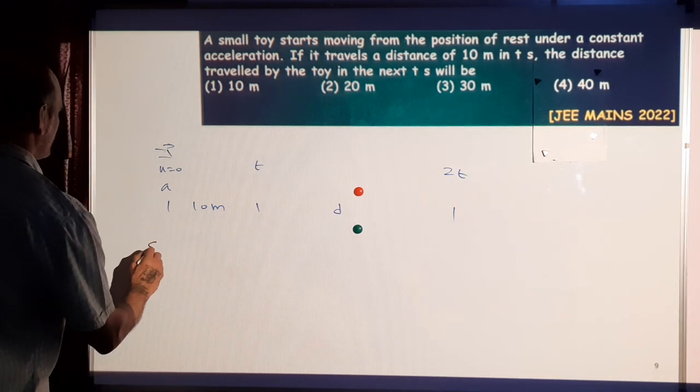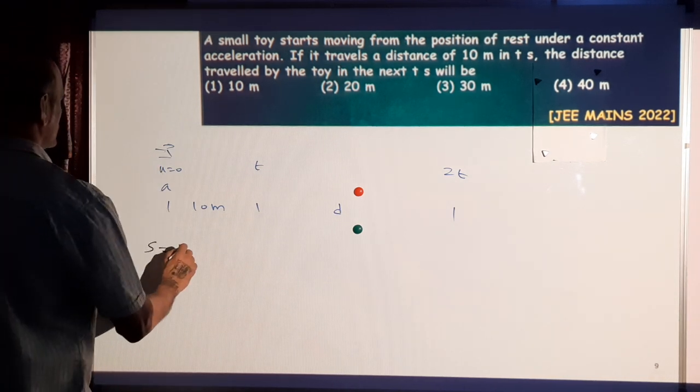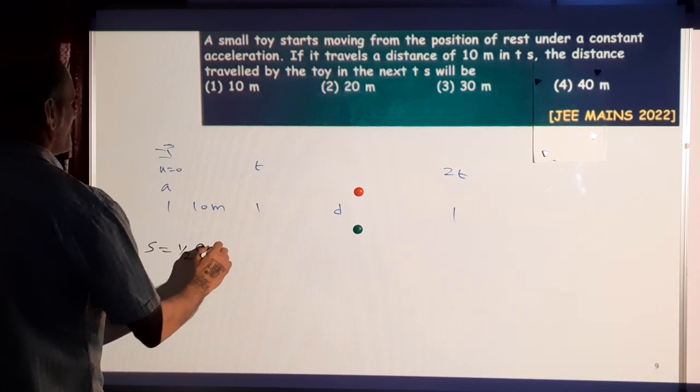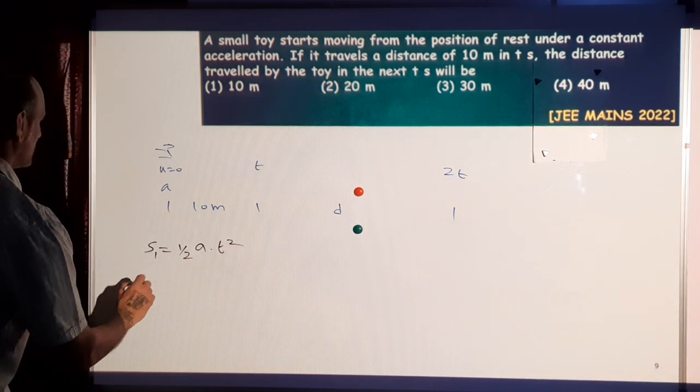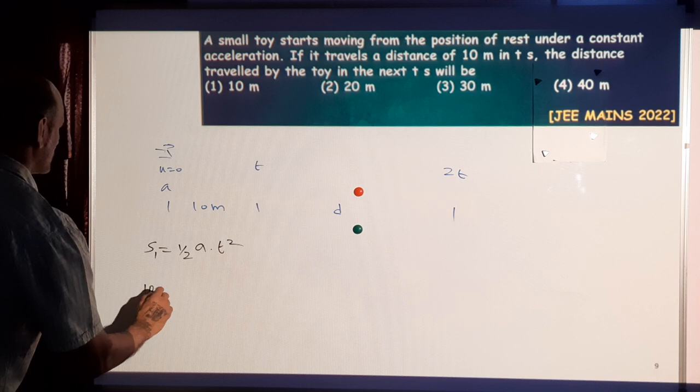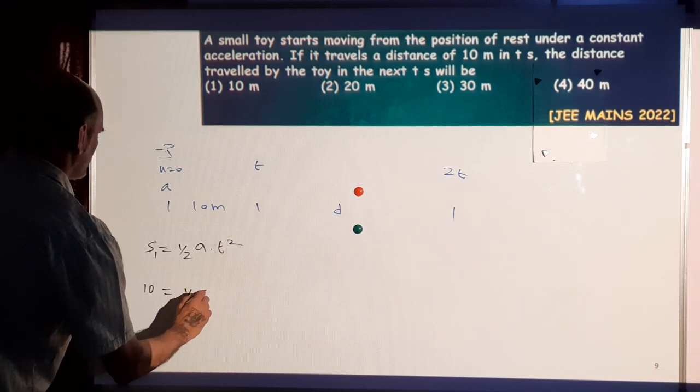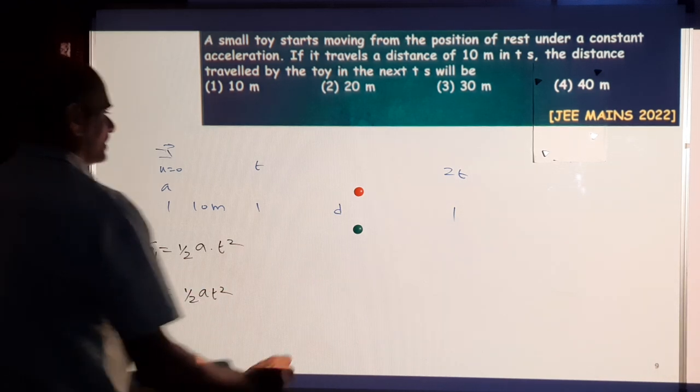S equal to ut plus half a t square, u is 0, so just half a t square, and this is given as 10 meters. We call it S1. So 10 equal to half a t square.